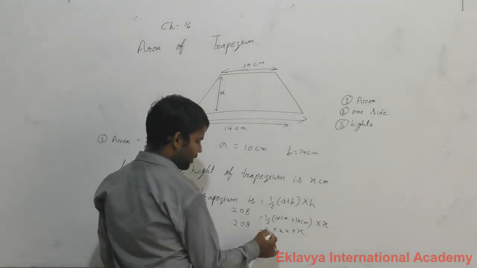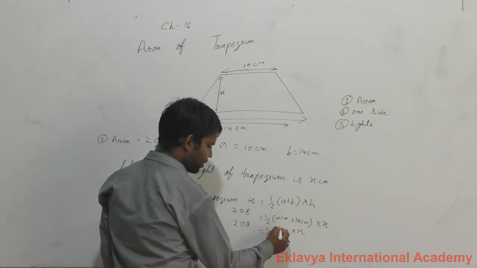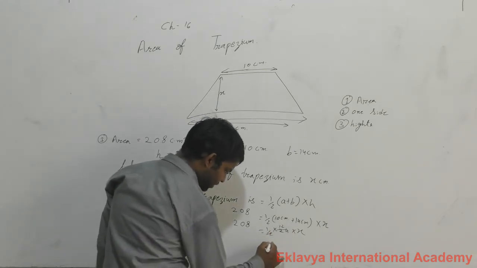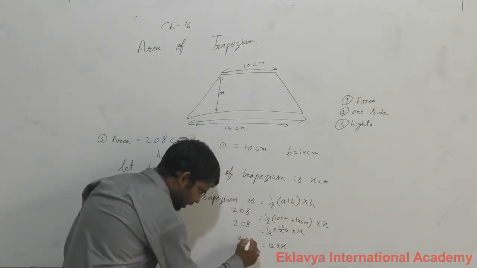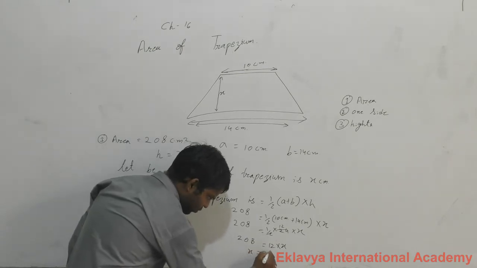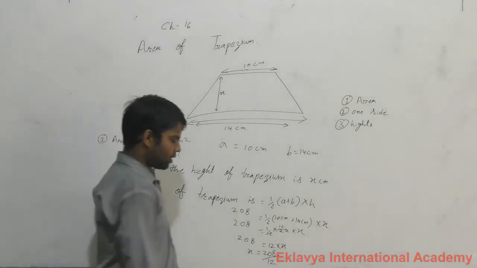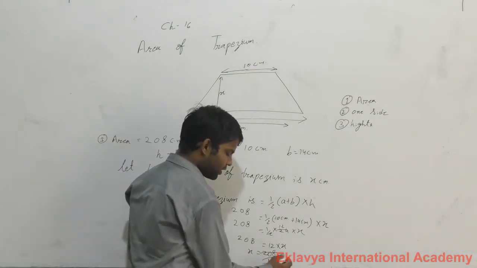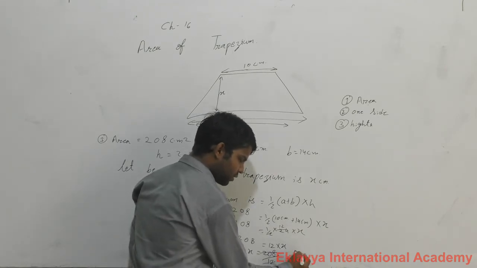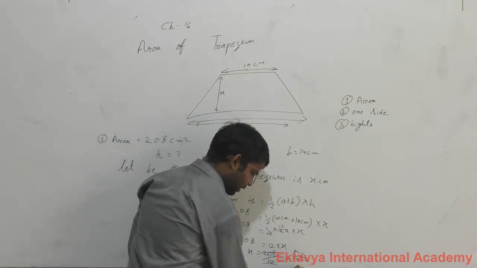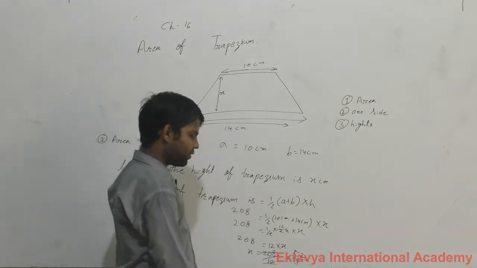Now cancel out by 2, we got 12. So remaining is 12 multiply by x equals 208. x is equal to 208 divided by 12. If we cancel out by 4, then 4 5 ja 20, 4 2 ja 8 upon 3.